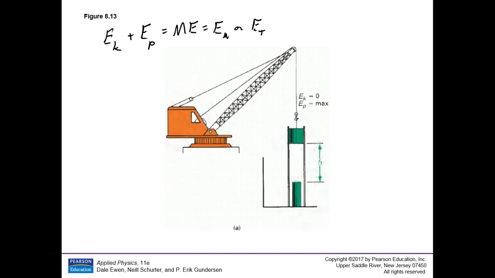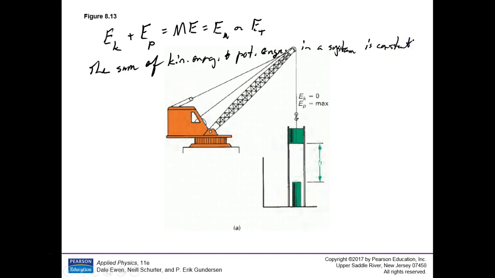Okay? So let me write that down for those who don't have a book. The sum of, which is exactly what I've got here, kinetic energy, okay, and potential energy, okay, in a system, okay, is constant if no resistive force does work.